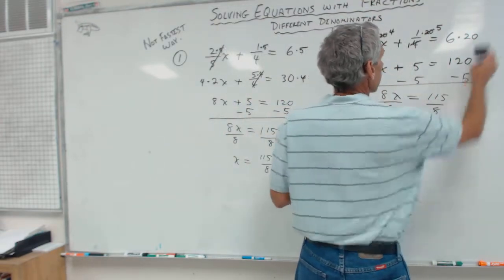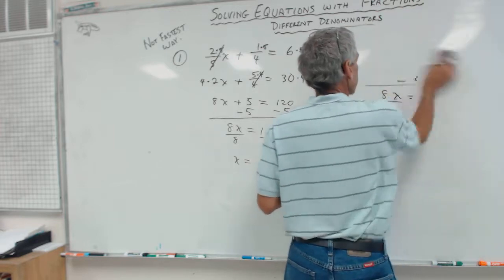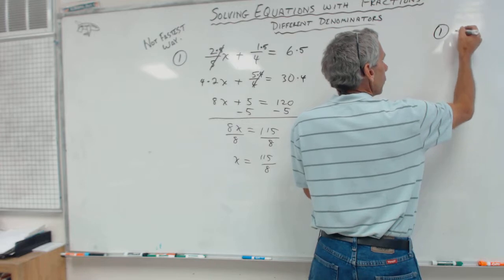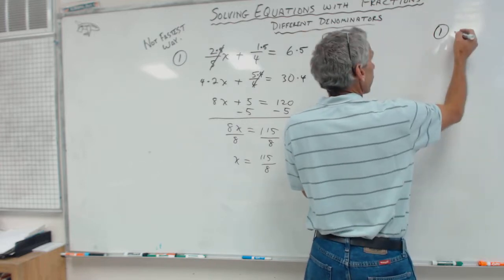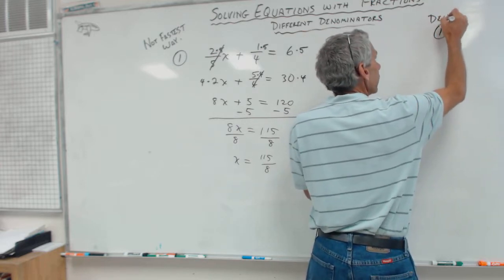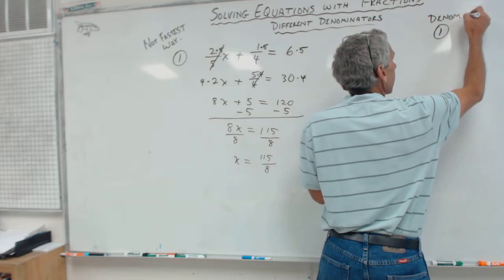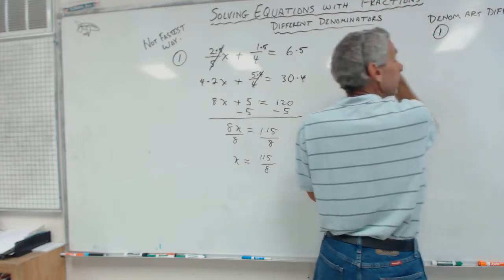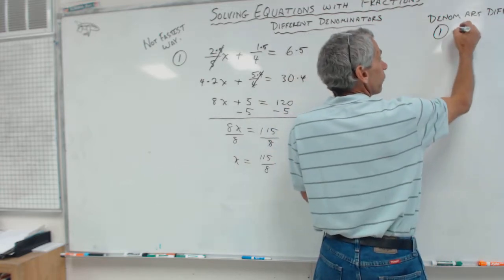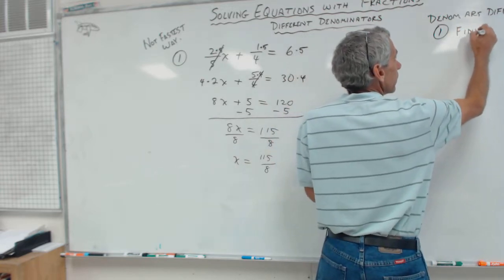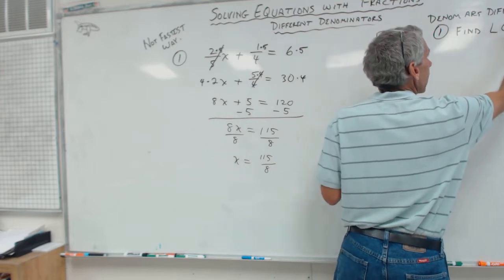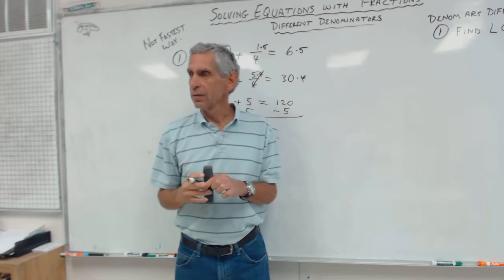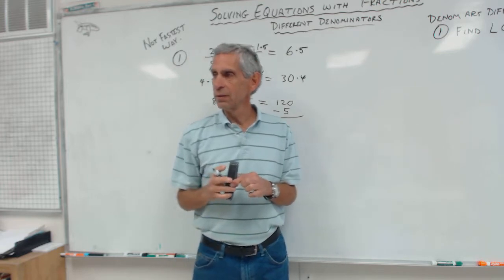So let's see. I'm going to erase this because I need the space. So when the denominators are different, right? When they're different, you find the lowest common denominator. Do you know that LCD? Is that okay if I just do that? You guys know that term, that abbreviation?